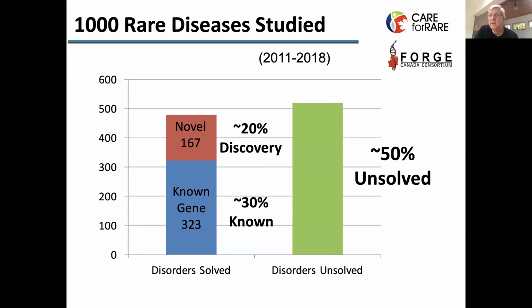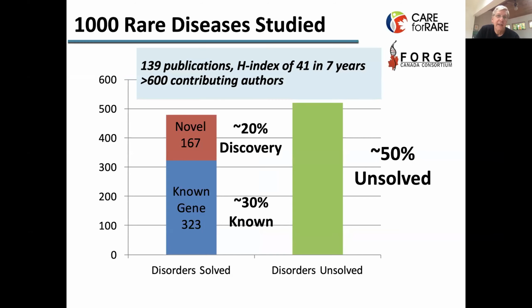And in fact, the Canadian clinician scientist community was able to be successful in about 50% of the cases. So approximately 500 genes or so were discovered over this period. And this has led to publications and many contributing authors. This has been really an outstanding example of a national effort of cooperation.